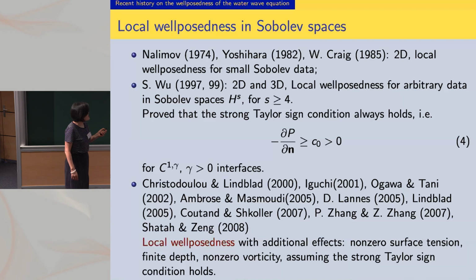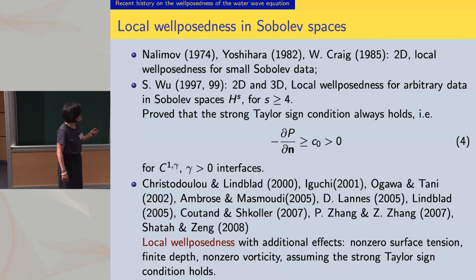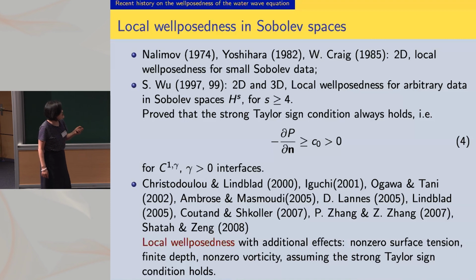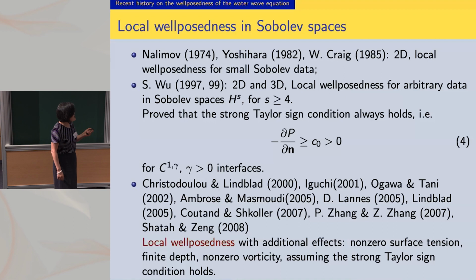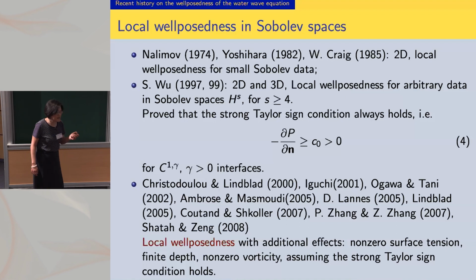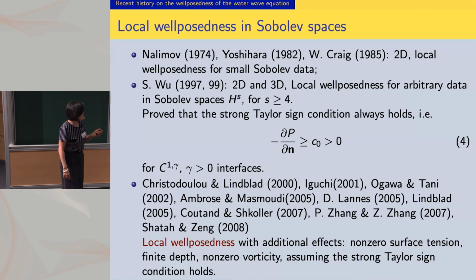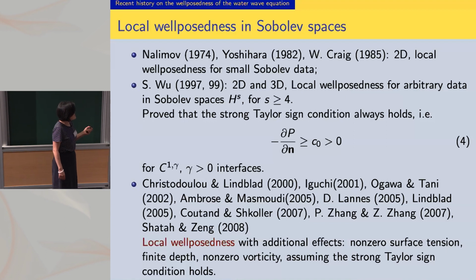I would like to mention the work of Christodoulou and Lindblad, where they allow the vorticity to be non-zero. Then we also have Ambrose and Masmoudi with surface tension, and Lannes with finite depth, and many other people.